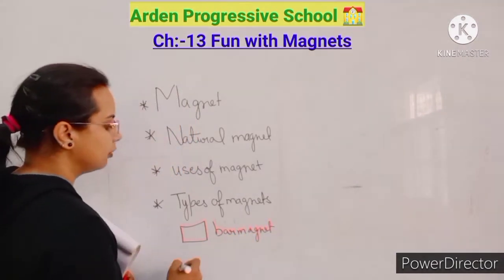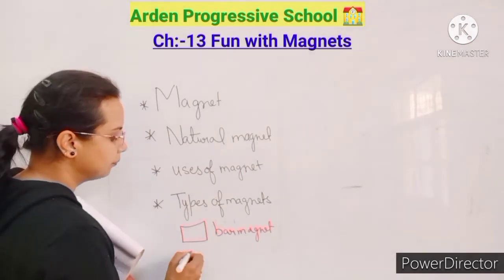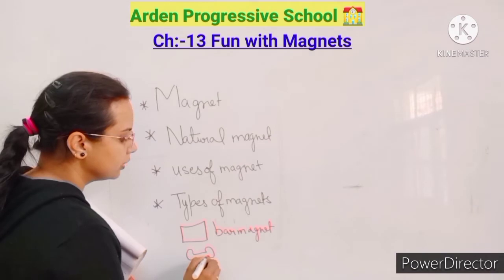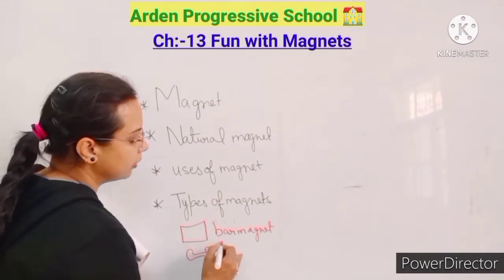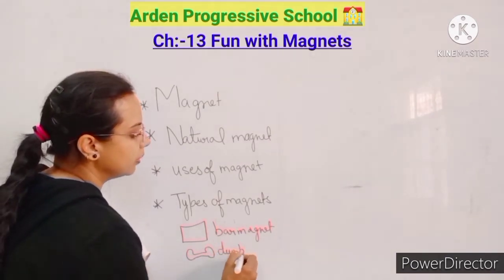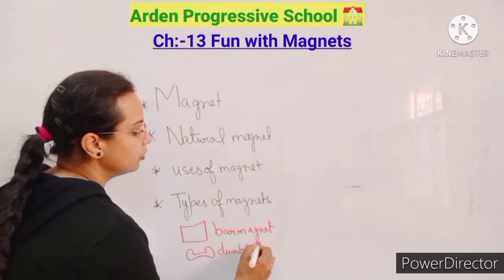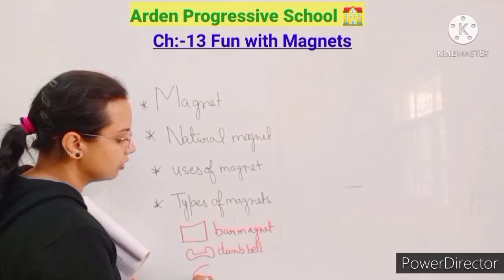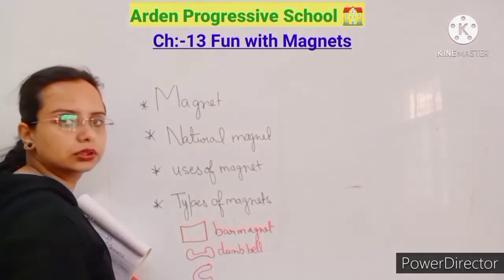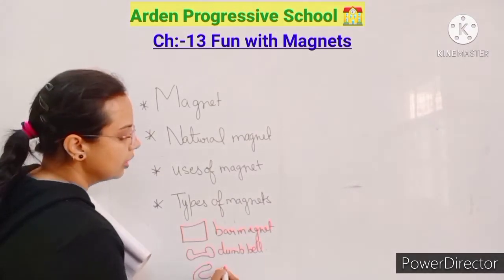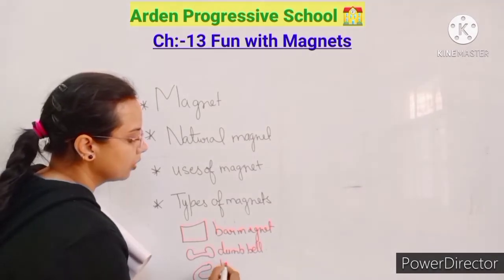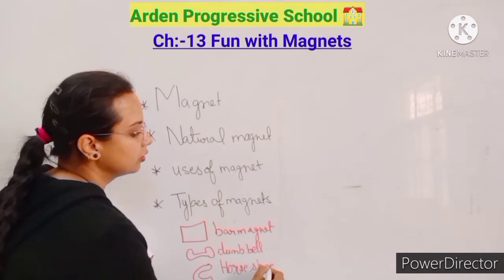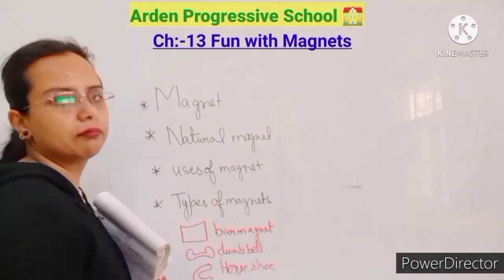If the shape of the magnet is dumbbell shape, this is known as a dumbbell shape magnet. Now if the shape of the magnet is of horseshoe shape, that type of magnet is known as a horseshoe shape magnet or horseshoe magnet.